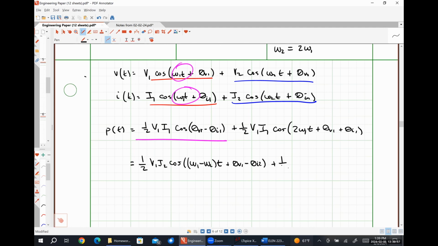And then I'm going to have 1/2 V1 I2 cosine omega 1 plus omega 2 times t plus theta V1 plus theta I2. See how both of those are fully AC terms. The omega parts did not go away, so they're sinusoidally oscillating.